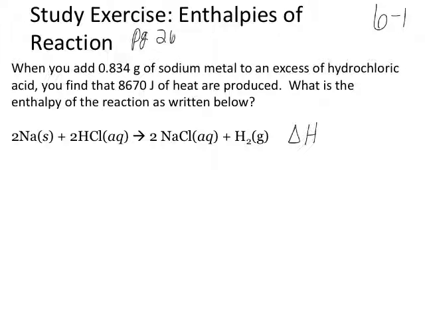Page 265 in your book talks about enthalpy, and this is basically how much heat's given off at constant pressure. Constant pressure is like 1 atmosphere, what we're in. A lot of reactions you do are at constant pressure; it's not often you're changing the pressure.